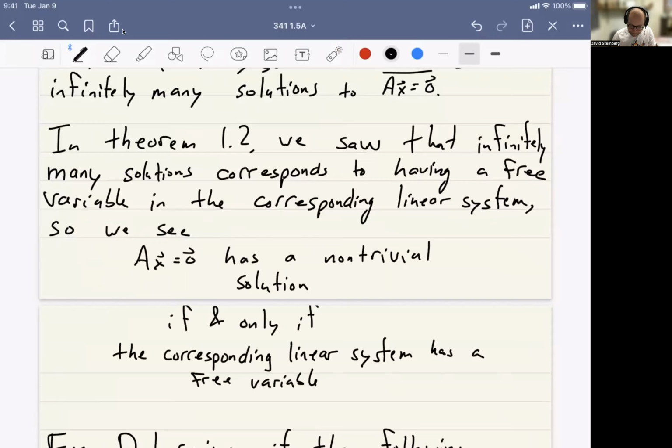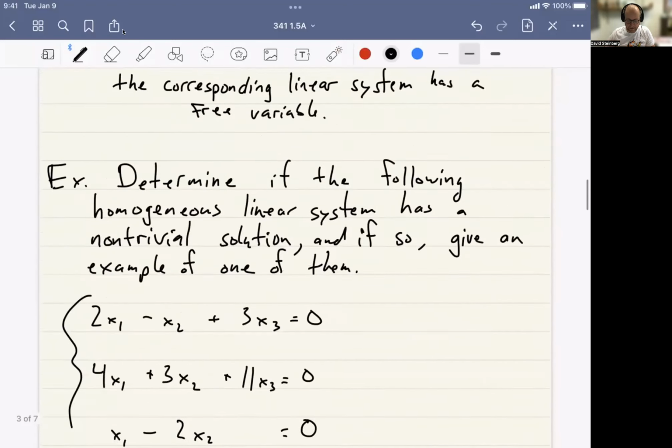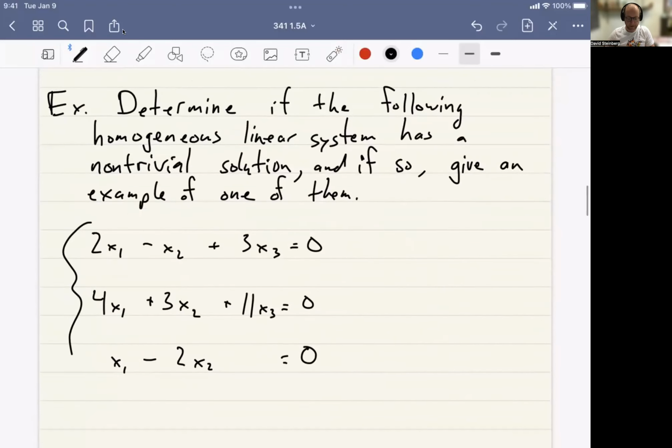Now it's probably time, or maybe we're overdue, for an example to see what's actually going on. Let's determine if the following homogeneous linear system has a non-trivial solution, and if it does, give an example of one. What we should see is that either there's only the trivial solution, or we get some infinite family of non-trivial solutions.